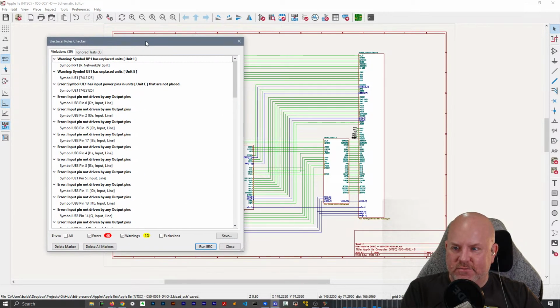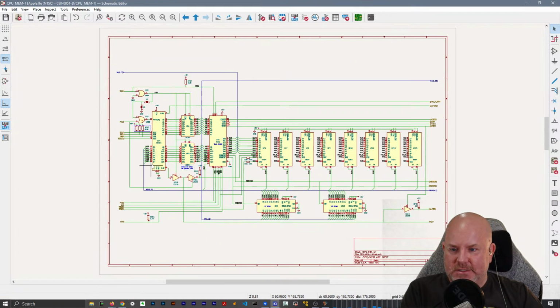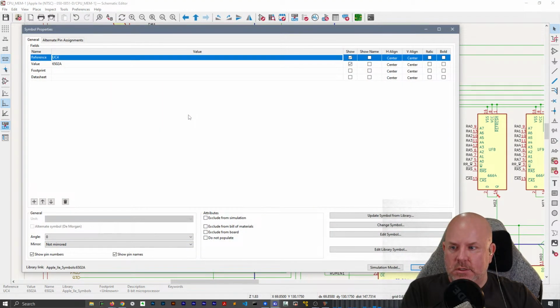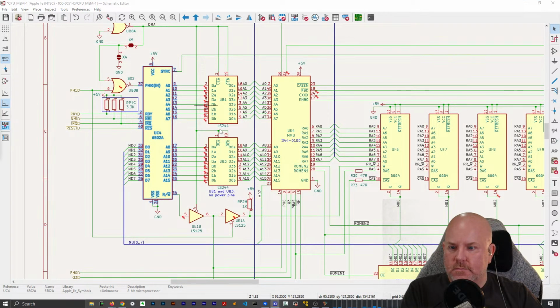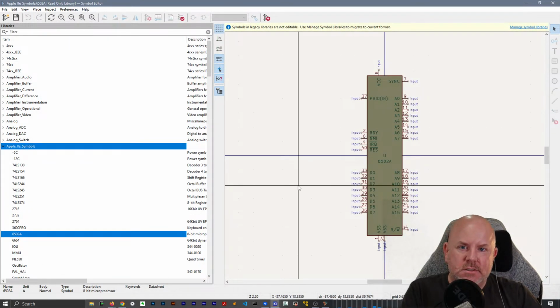And then as I've gotten a little bit more familiar with ERC stuff, I've decided I do care. So we're just going to take a little bit of time and update the symbols and stuff so that they're correct.